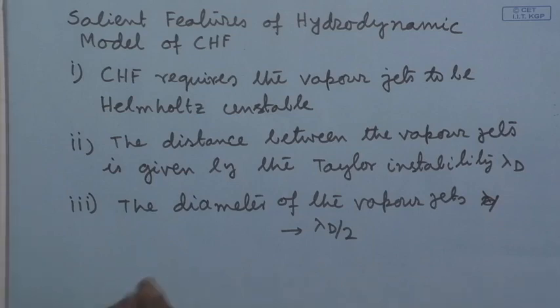So, these are very important assumptions that CHF requires the vapor jet to be Helmholtz unstable. When there is a growth of instability on the surface of the vapor jet, that means there will be growth of undulations, and when the wavelength of these undulations becomes equal to the critical wavelength of Kelvin-Helmholtz instability, we will have collapse of this pattern, and then we will have the critical heat flux.